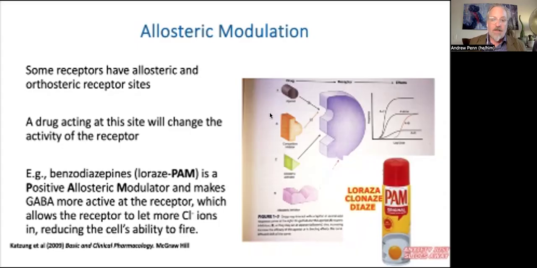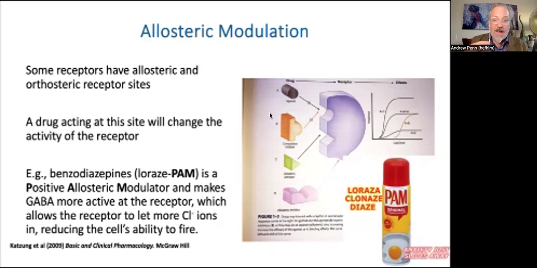Some receptors will have these two additional sites, an orthosteric and an allosteric site on them. When you attach a positive allosteric modulator and then you bring in the endogenous GABA, that receptor is going to have a greater response.